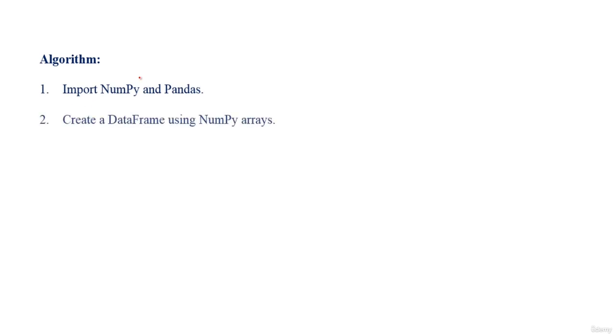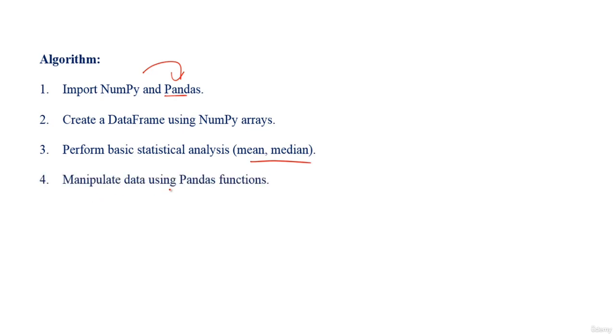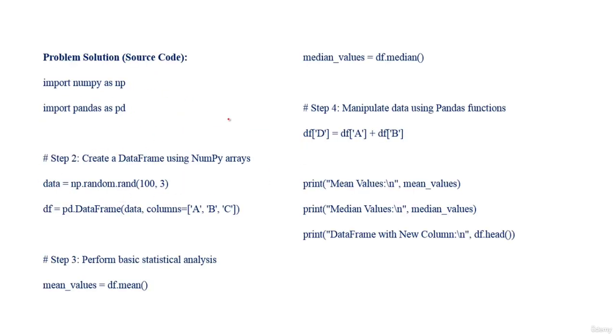Algorithm: import NumPy and Pandas. You have to install Pandas also, pip install pandas. Create a data frame using NumPy arrays. Perform basic statistical analysis, mean and median. Manipulate data using Pandas functions. So this is the coding solution, the problem solution. You can see that both libraries you have to import, and then step 2, create a data frame using a NumPy array.